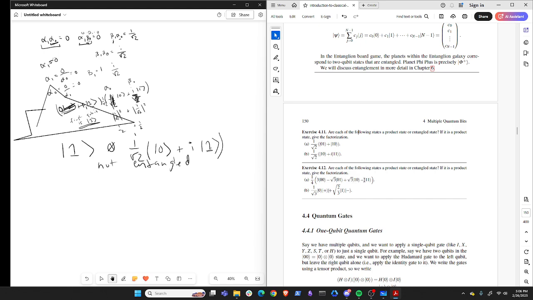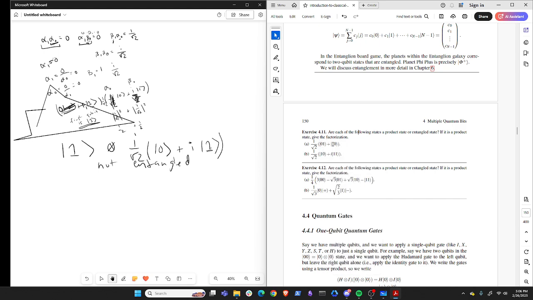Similarly, if we measure 1, then the other qubit can be either 0 or 1. So if we were seeing something where if we measured 0, the second qubit was determined, similar to what we saw up here with the first example, when we had these two states, if it was 0, it had to be 1.